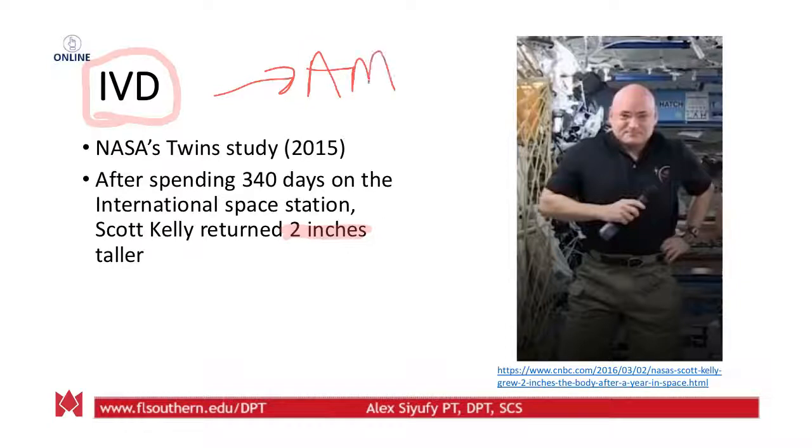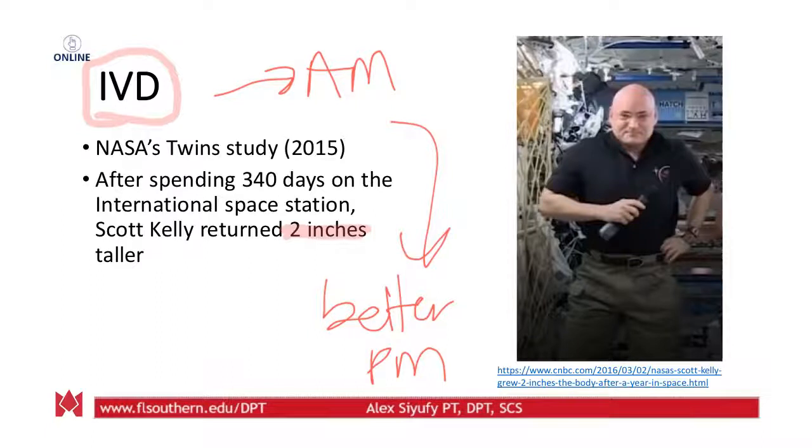So worse in the AM because the disc is fuller. And that means if the disc is fuller, it's closer to the nerve root that it may be compressing or other things. And it's usually better in the evenings. So that's one hallmark symptom of disc-related pain. So that helps you with that.